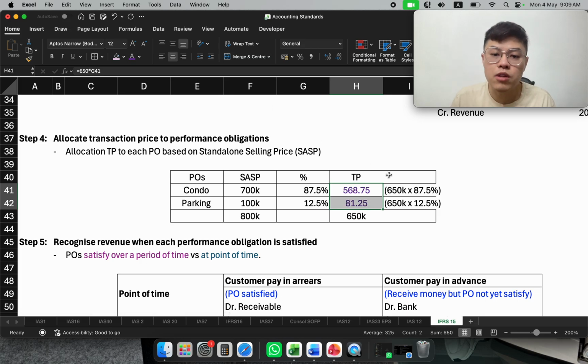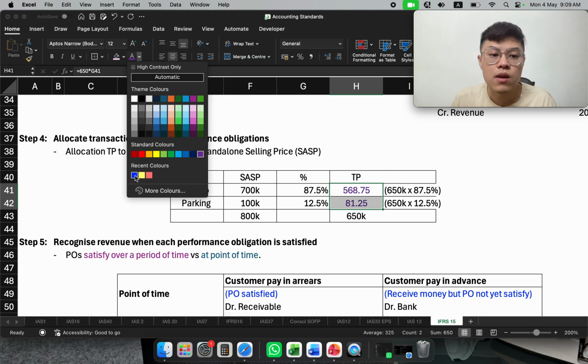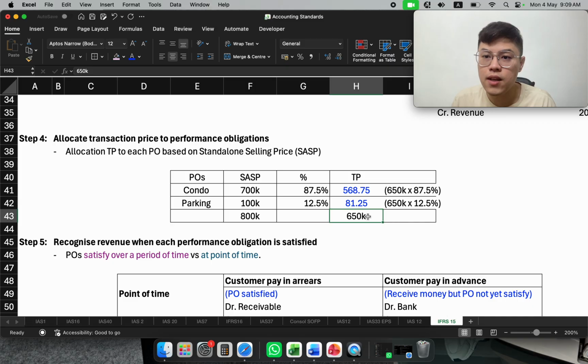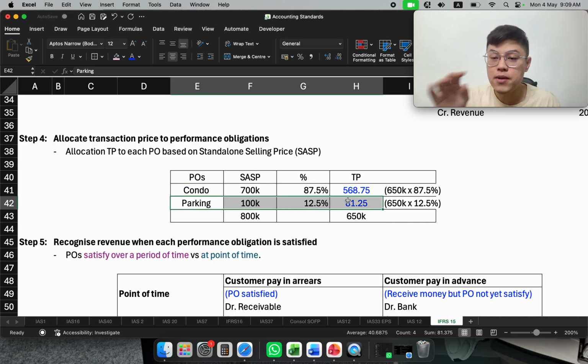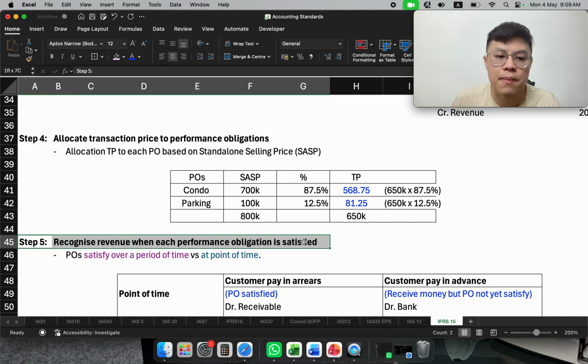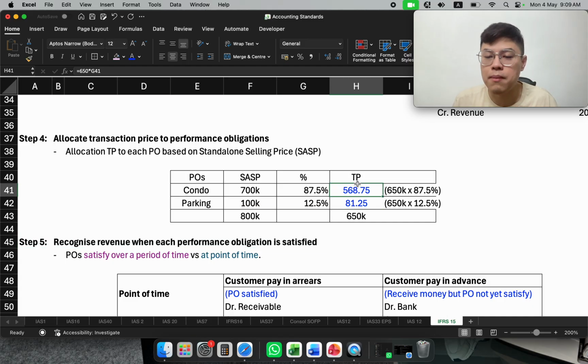So our ultimate goal is to allocate this 650 into the condominium and into the parking, because their performance obligations are different. So the timing of recognizing the revenue could be different in step number 5. Maybe you will get the parking now, but you get the condominium later. Just an example, but in the real world it won't happen. So we need to identify the transaction price at this stage.